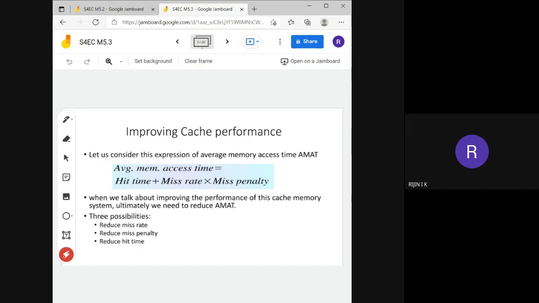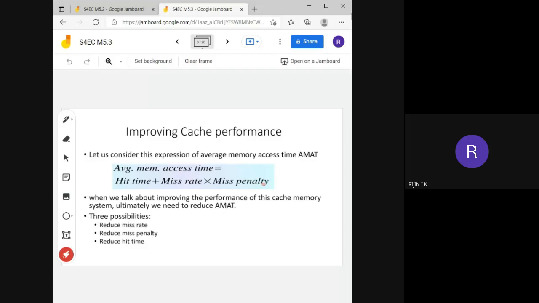This is the equation for finding the average memory access time: average memory access time is equal to hit time plus miss rate times miss penalty.